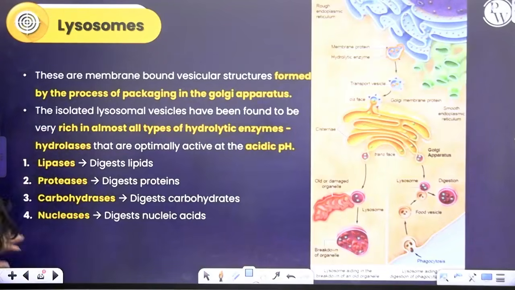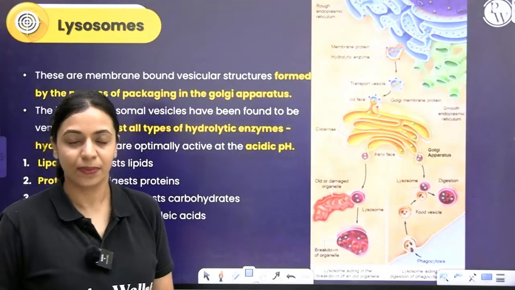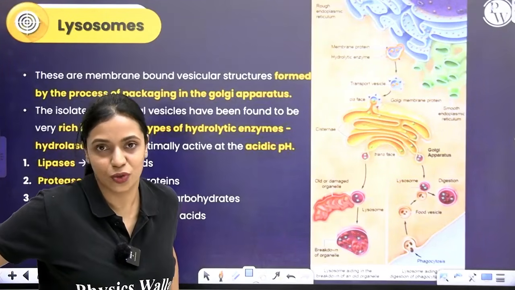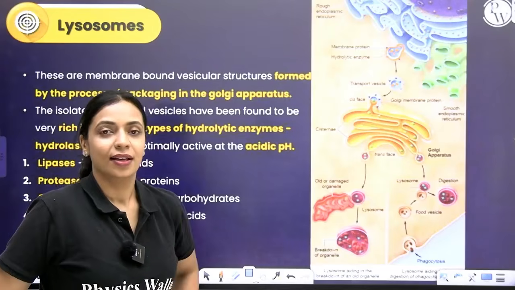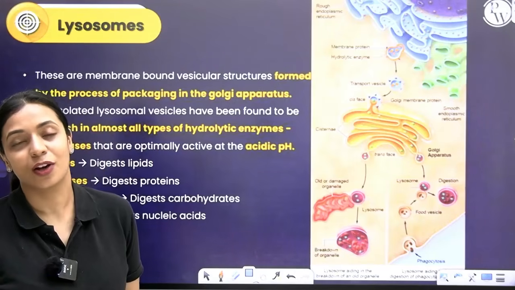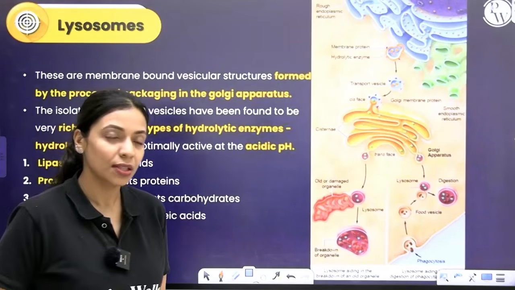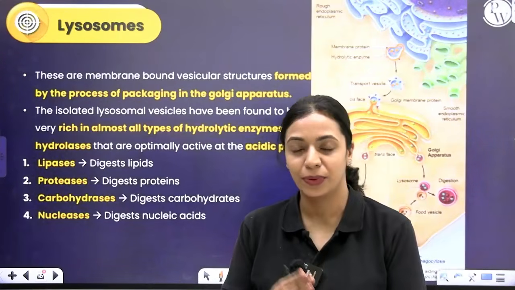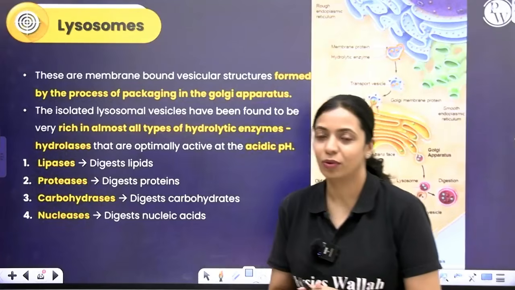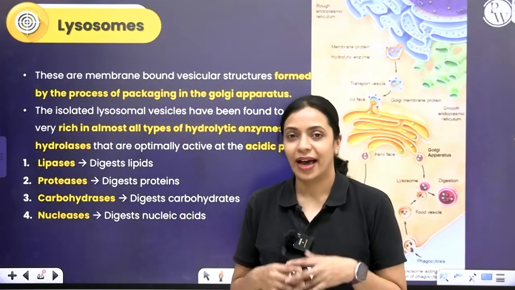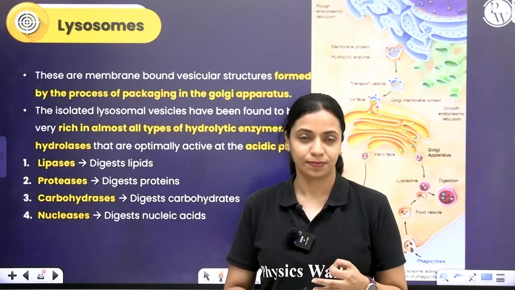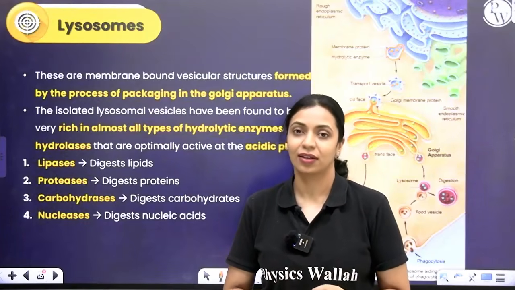Okay? Now, let's talk about the next organelle in the endomembrane system, which is the lysosome. Everybody knows lysosome as the suicide bag of the cell. Lysosomes are called so because they contain a lot of hydrolytic enzymes that have the ability to break down pretty much any biomolecule. So it has enzymes like lipases, proteases, carbohydrases, nucleases and all of that.